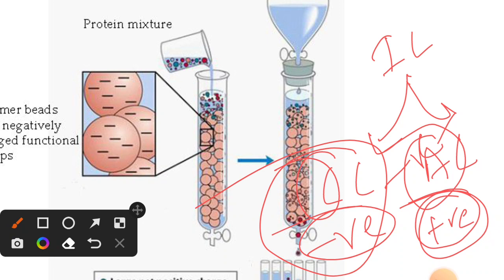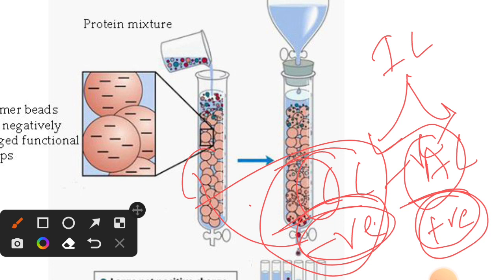An example of an anion exchanger is tertiary amine, secondary amine, where tertiary amine is stronger than secondary amine. And an example of a cation exchanger is sulfonic acid, carboxylic acid.